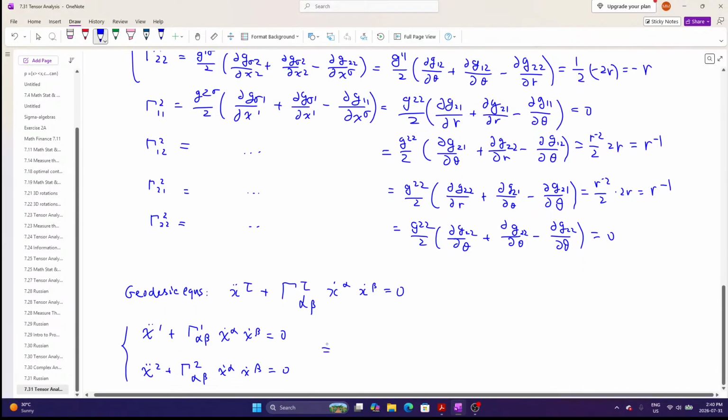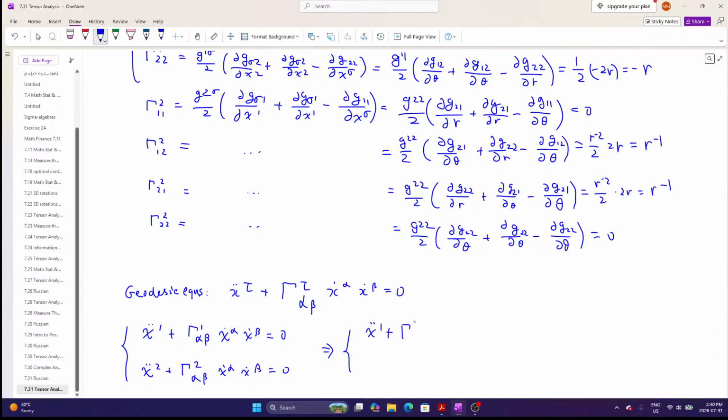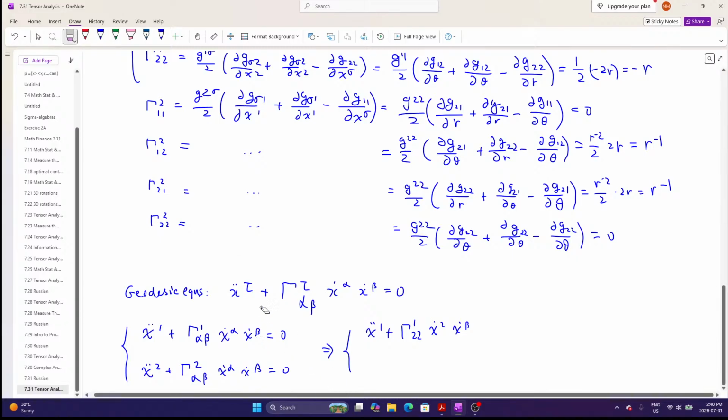So therefore this is just x double dot 1 plus big gamma 1 to 2 x dot 2 x dot beta. Right. So here, because of the summation convention, there should be 4 terms in principle. However, because only big gamma 1 to 2 is non-zero, there's only 1 term. Okay, awesome.